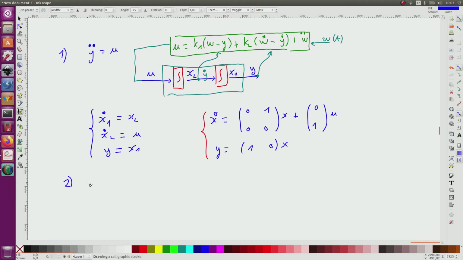Because if I consider the error e equal w minus y, I will show that e satisfies a differential equation which shows that e will converge to 0.